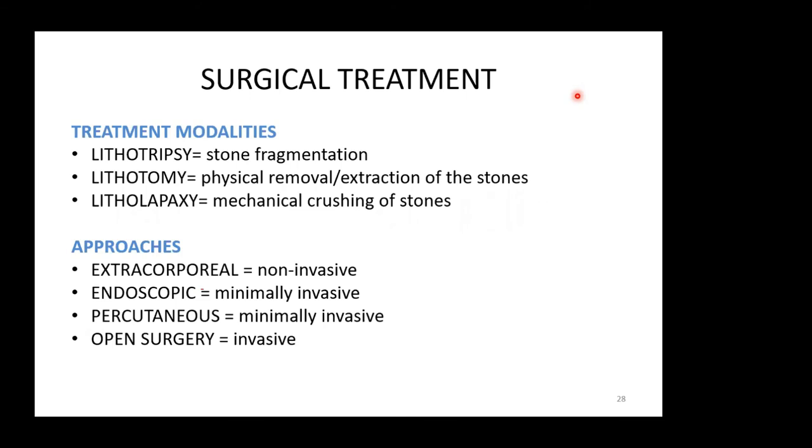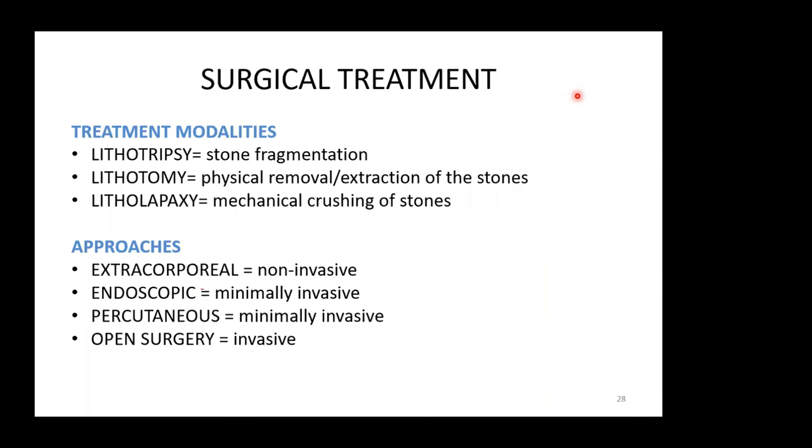The approaches can be extracorporeal, in other words, outside the body. They can be endoscopic, and these are called minimally invasive, or you can have percutaneous methods, which are also considered to be minimally invasive. But of course, in our setting, the commonest you will see is open surgery, which is invasive. Open surgery means if there is a stone in the bladder, you open the bladder and remove it.